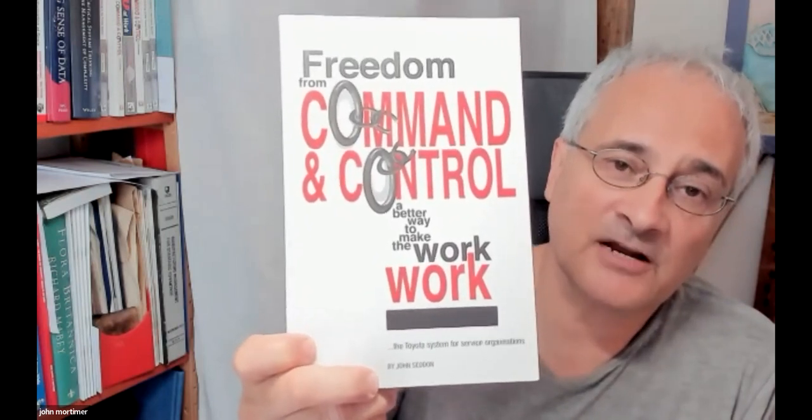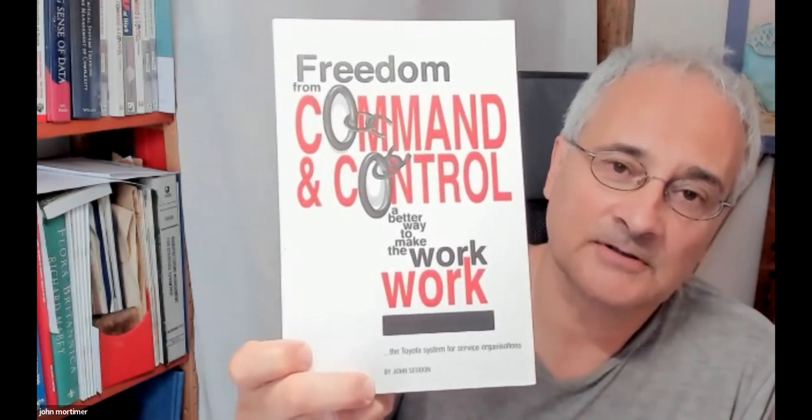I do recommend this to people. It's by John Seddon. And he got a lot of this from mostly systems thinking and also Toyota. Toyota are, I think, the best example of systemic design, and they did it in the 1960s to 80s.